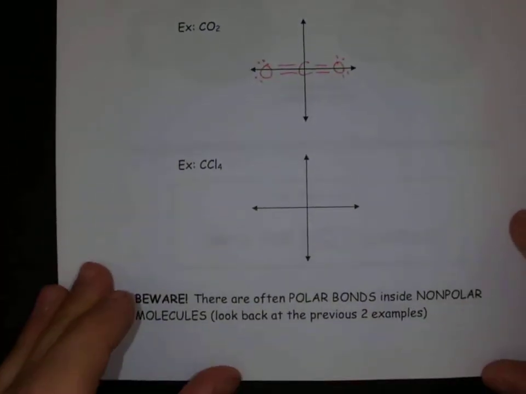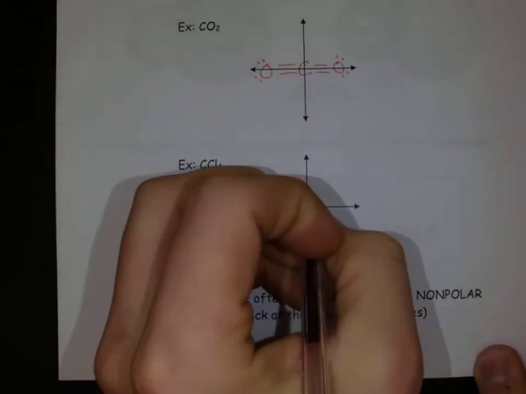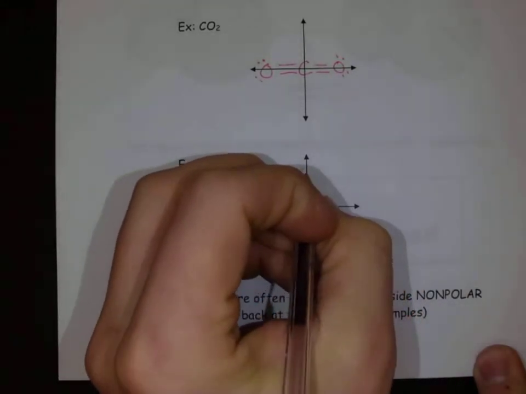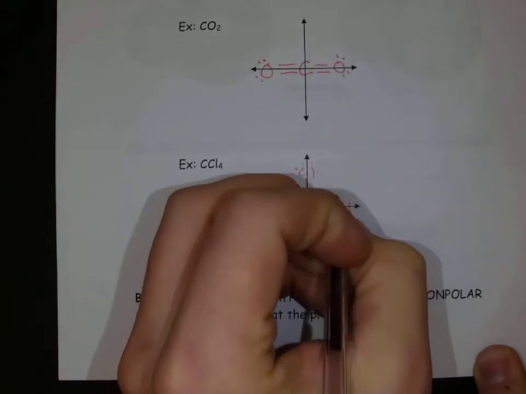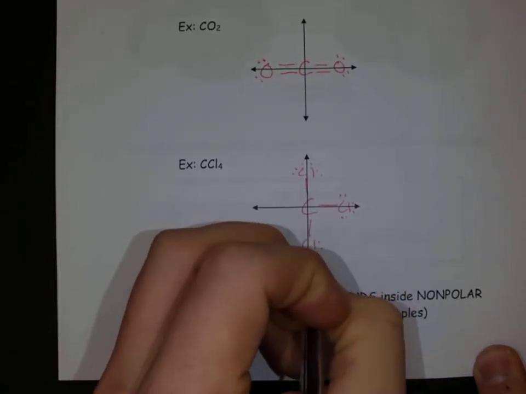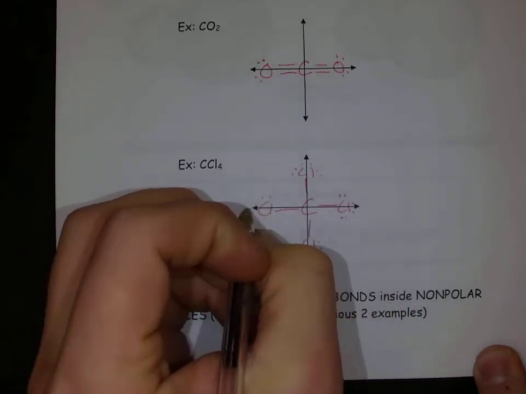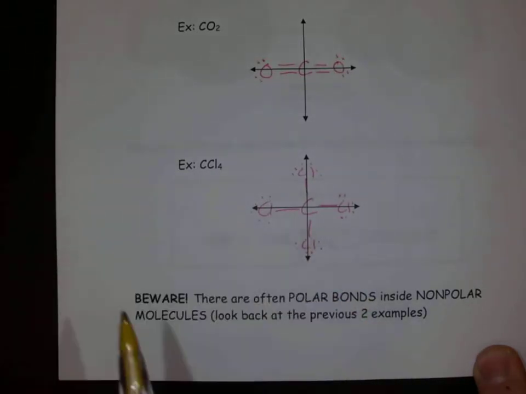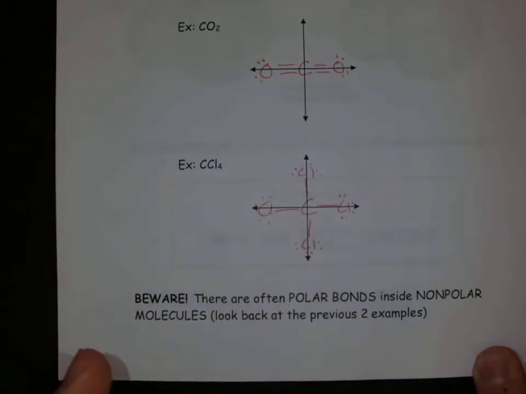Let's try the same thing with CCl4. If I look at CCl4, I'm going to draw chlorine, 1, 2, 3, 4, 5, 6, and the same for each of the four chlorines, plus the bond, that's 8 for all of them, and carbon has 8 electrons around it.